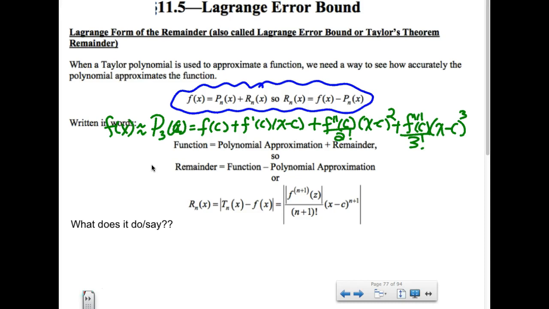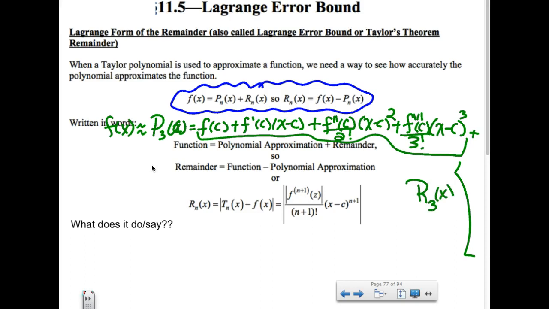But keep in mind that this would be the third degree polynomial, but I'm going to have some error. And if I had continued this forever, the rest of this stuff that I didn't include, the 4th, 5th, 6th, 99th out to infinity degree polynomial, we call that the remainder after 3 of the function.